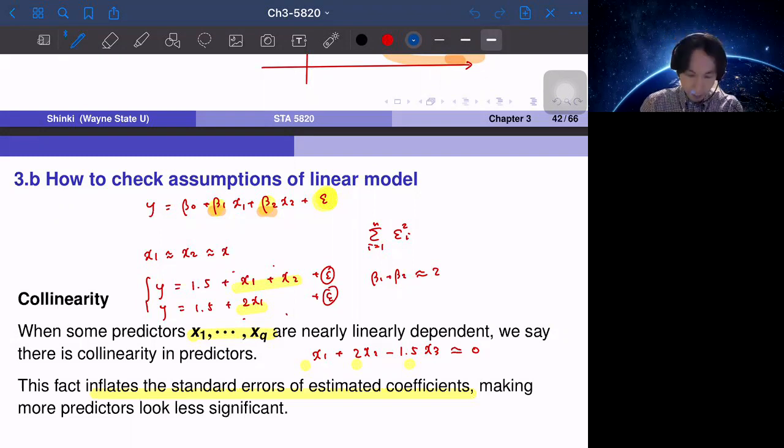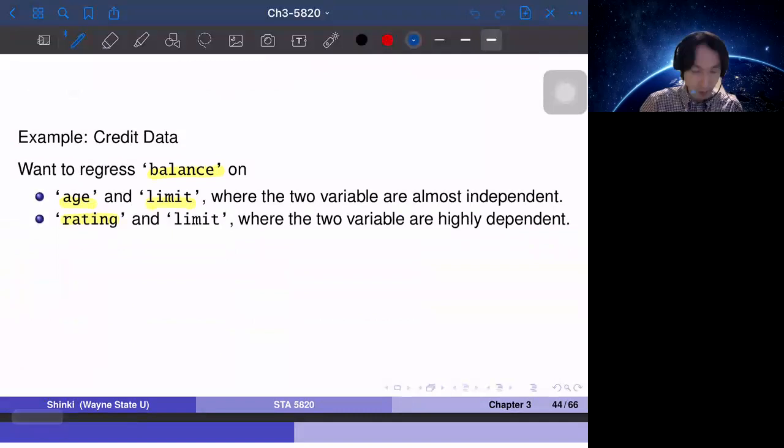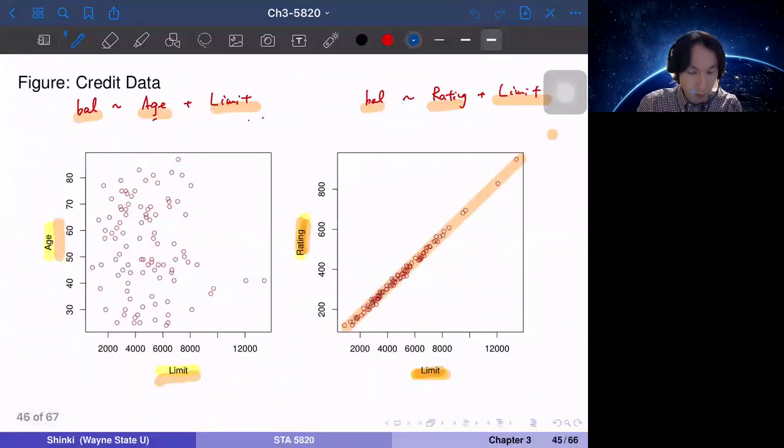Last time we discussed one example, where we regress the debt balance of consumers on age, credit limit, and credit rating. Age and credit limit are both important variables to explain balance, and the two variables are almost independent, not related.